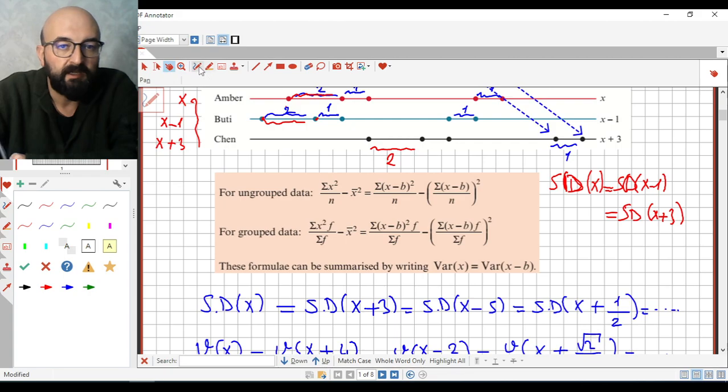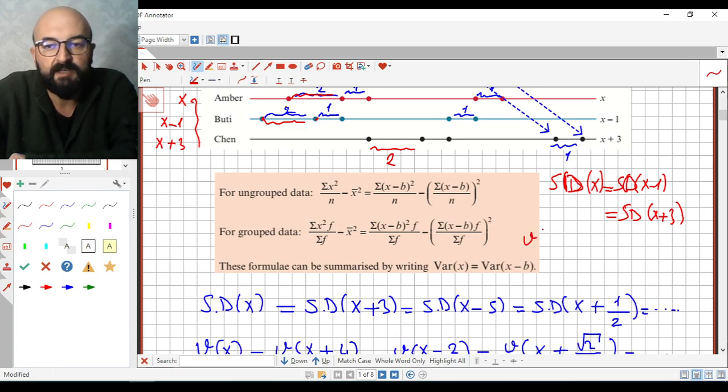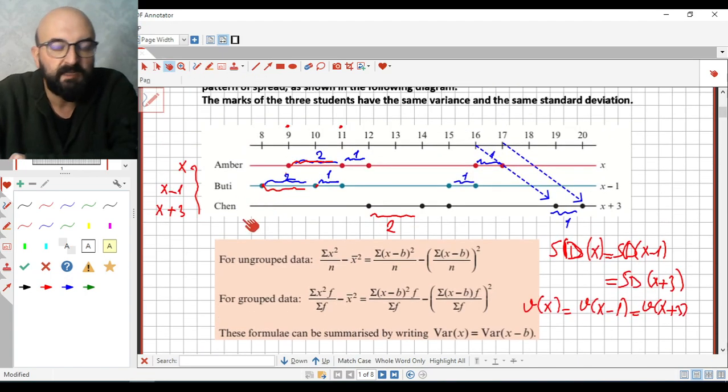Also, variance is standard deviation squared. The variance of x is the same as the variance of x minus 1 and of x plus 3, because if we add any number or subtract any number on the x, their intervals don't change.